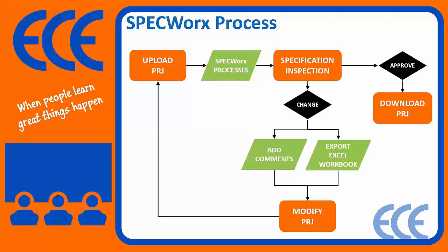Ultimately, we're striving to get to an approved project content or pipe spec content that's suitable for production, and then that becomes available for download. But the main goal of SPECWorx, the main purpose of SPECWorx, is to provide some inspection and some QC dimensions to the specification development efforts.